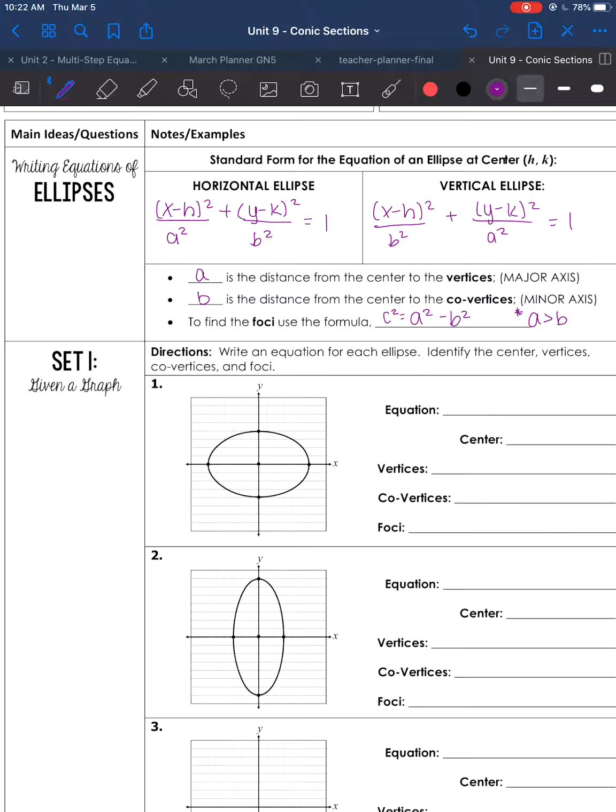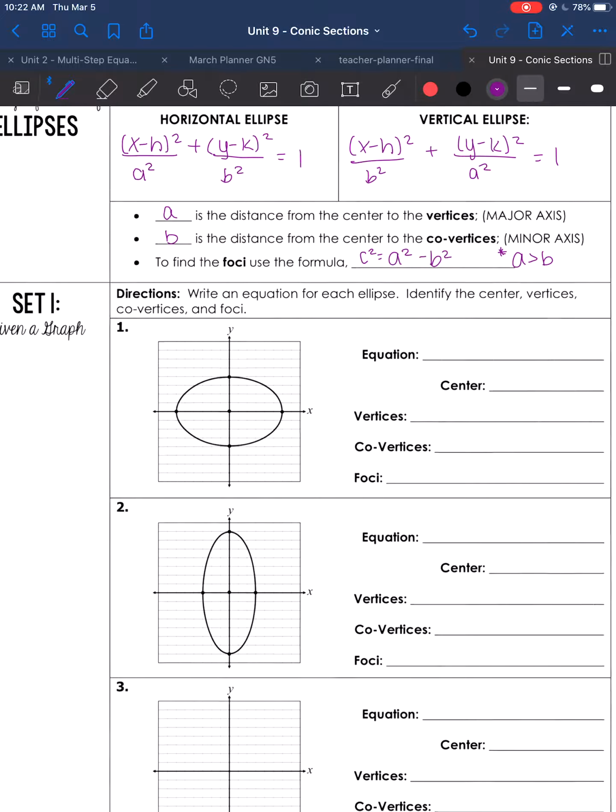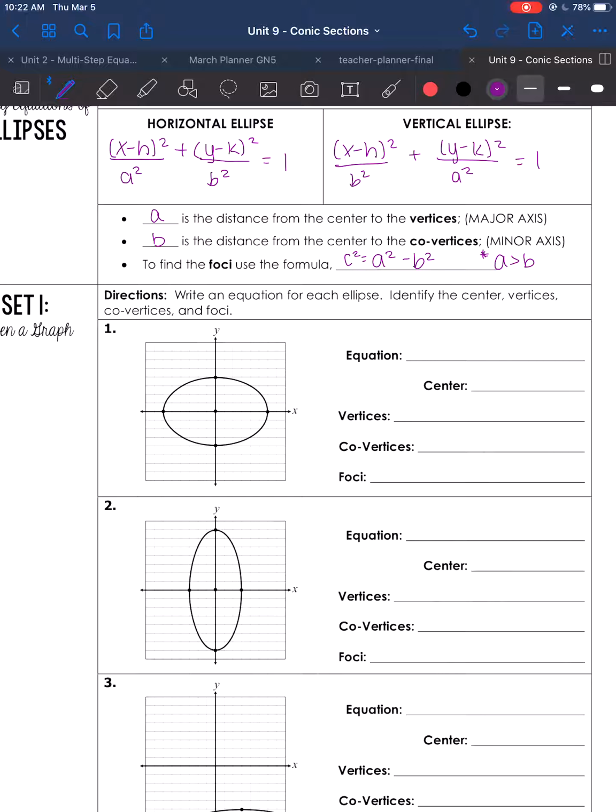So if we're given the graph, we're going to write an equation, but first we're going to find the center. The center here is (0, 0). So it's going to be x squared over something plus y squared over something equals 1. Since it's horizontal, the bigger number a will be under the x.